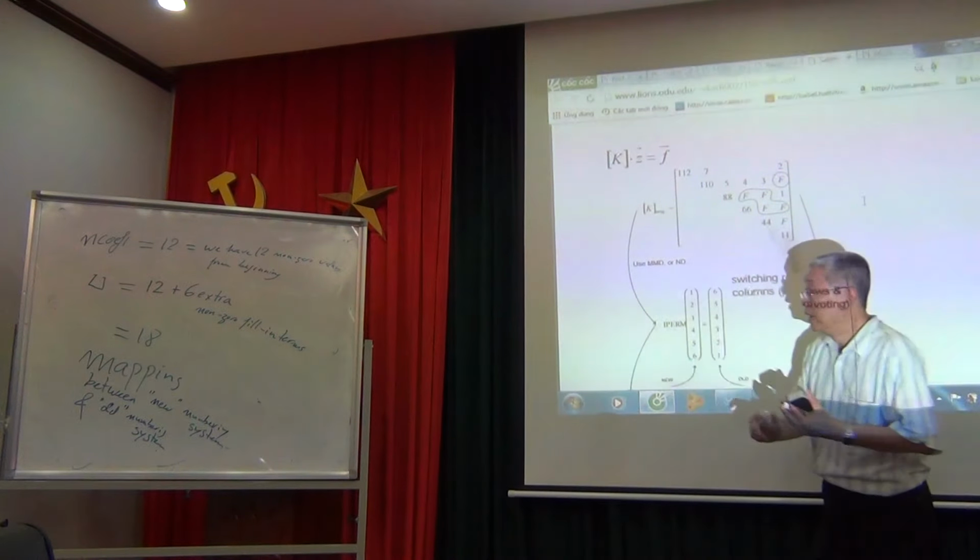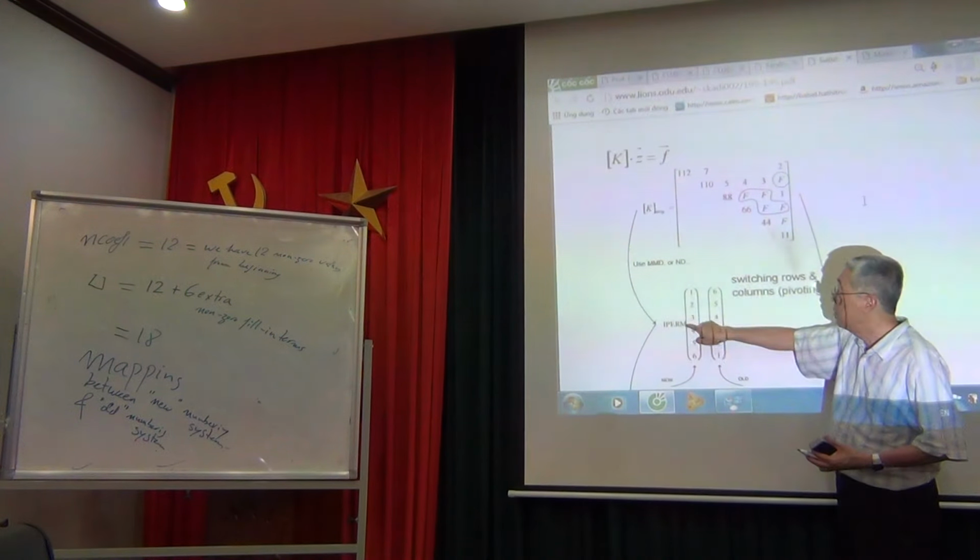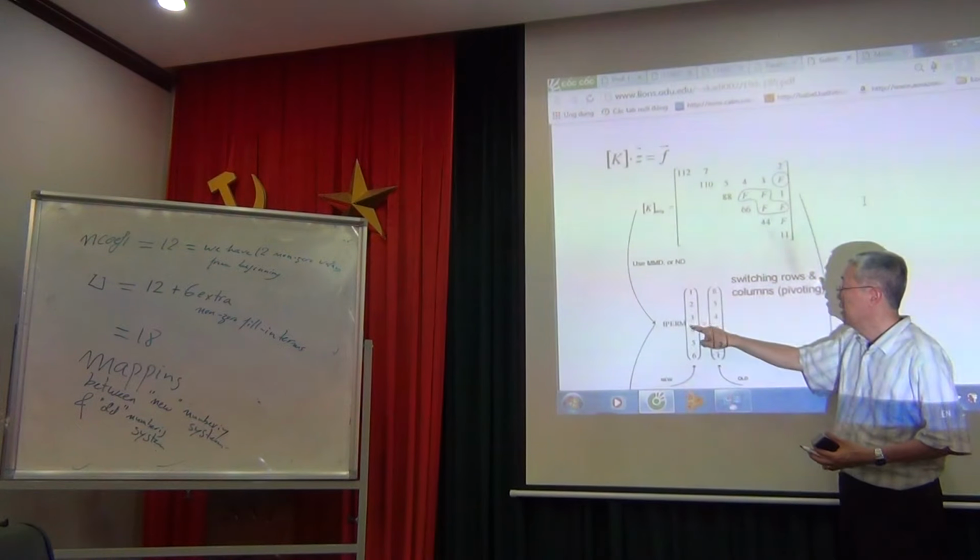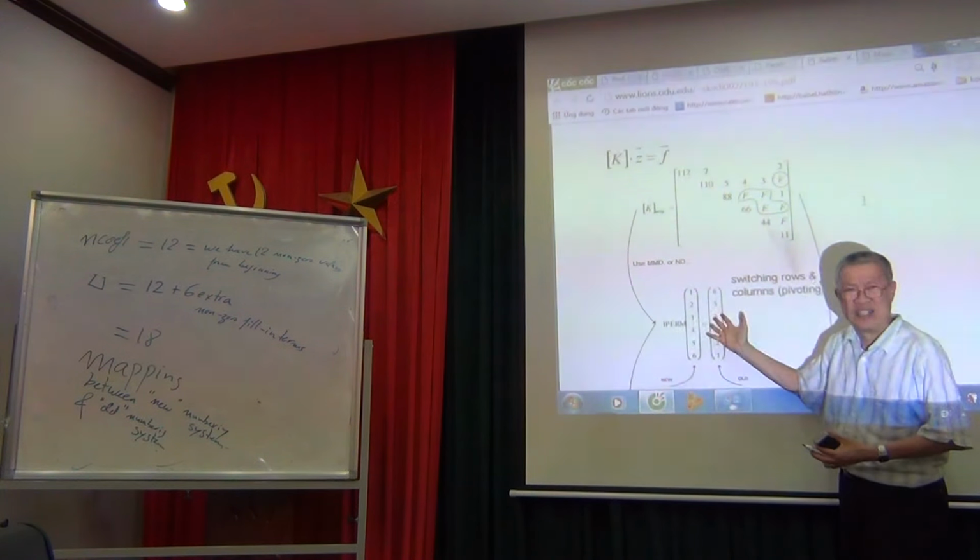Now, for example, he said iPerm of 1 is equal to 6, iPerm of 2 equal to 5, for example, something like that.